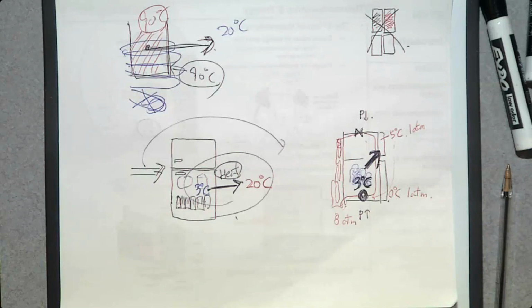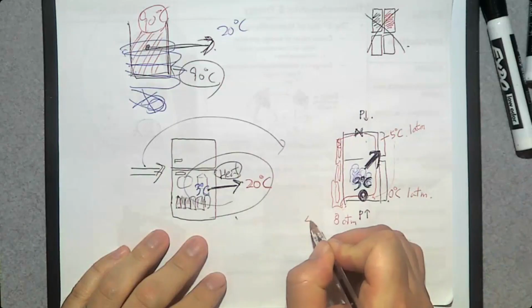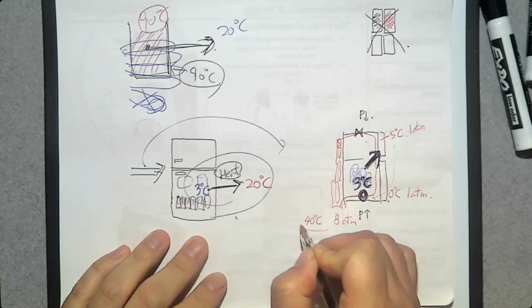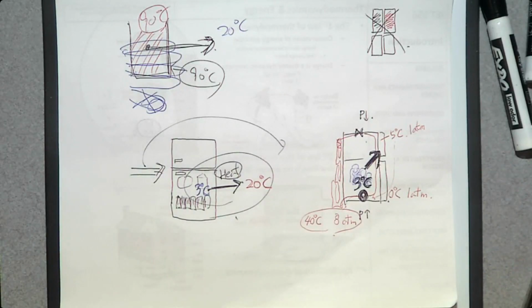So because of this compressor, temperature also goes up from 0 degrees Celsius to, let's say, approximately 40 degrees Celsius. Now, this 40 degrees Celsius refrigerant flows through the pipes in the back of the refrigerator. That's why when you touch the back of the refrigerator, it's usually hot.